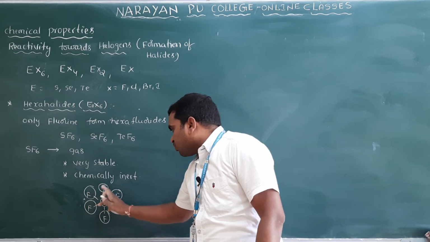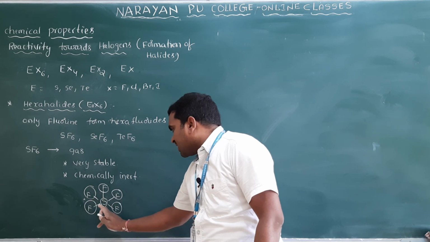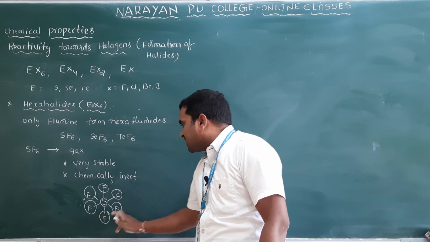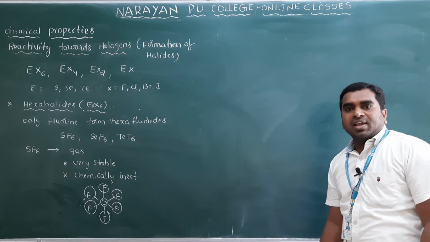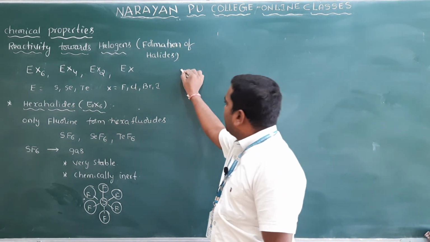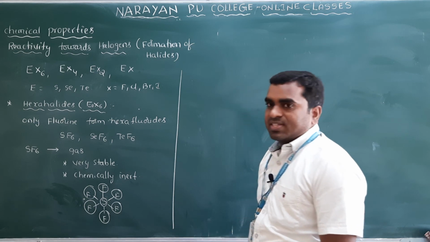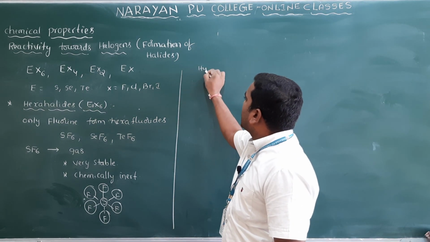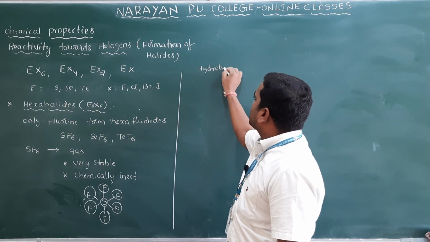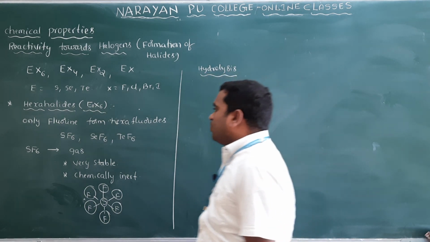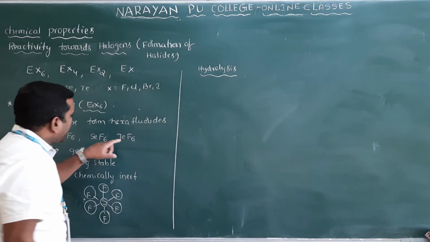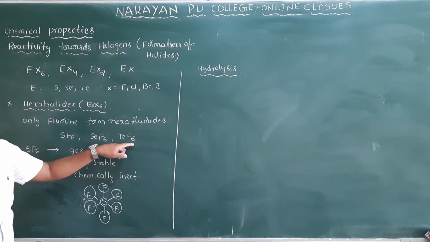Because 6 fluorine atoms protect the sulfur from attack by other reagents. That is the reason for the chemical inertness of this compound. Now do the hydrolysis for these compounds, as I just mentioned, when we are moving from sulfur hexafluoride to tellurium hexafluoride.